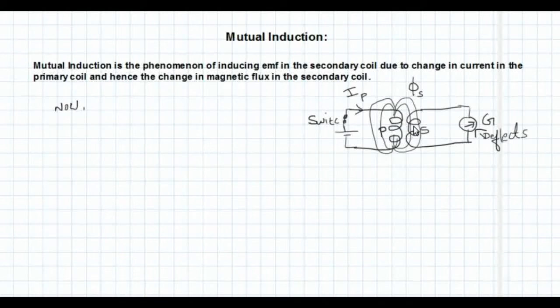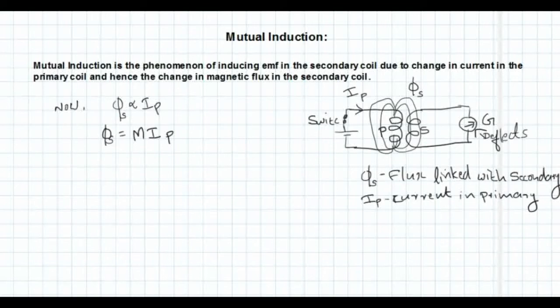Therefore we can write phi s is proportional to Ip. That means the flux linked with the secondary is directly proportional to the current in the primary. Therefore we can write phi s is equal to a constant into Ip.